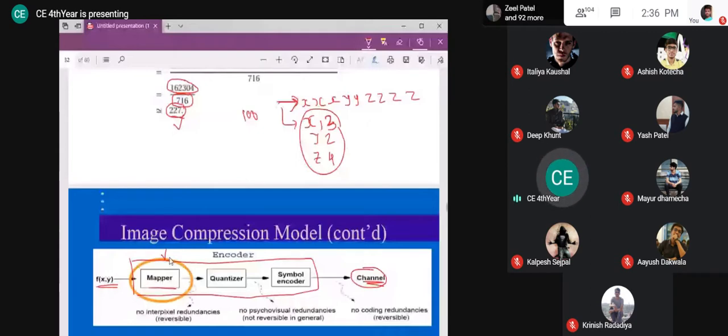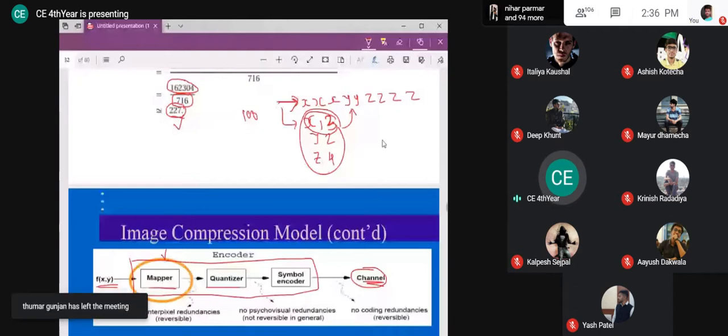After mapping, you go to the quantizer. What is a quantizer? If you remember, if x, y, and z are very nearby values, maybe differing by 1 or 2 intensities, our eyes are not capable enough to see the difference. So we map them to some value t, right? We quantize them to some value t.